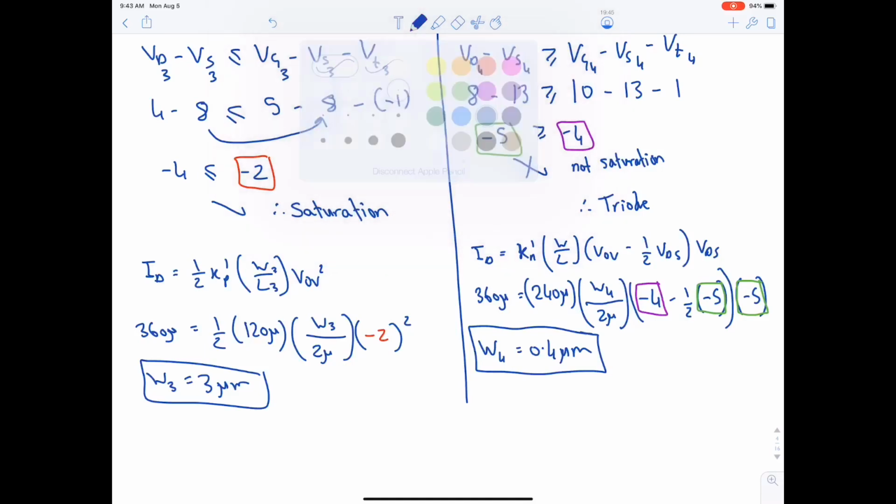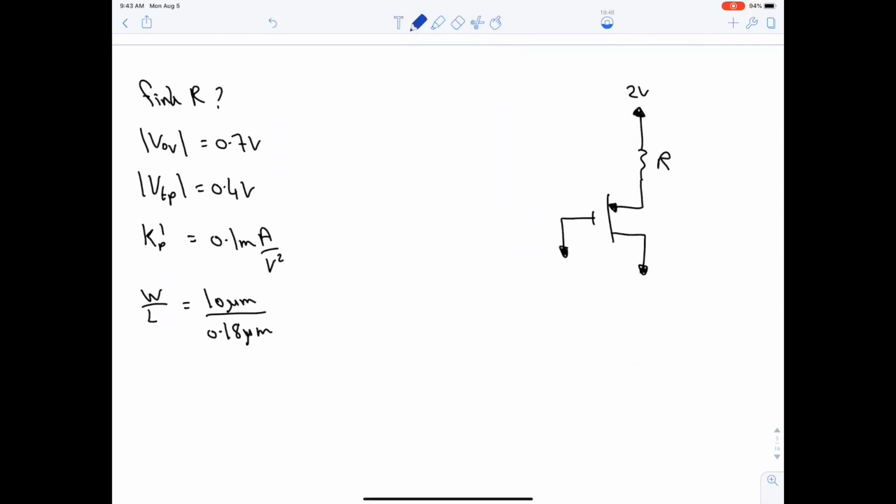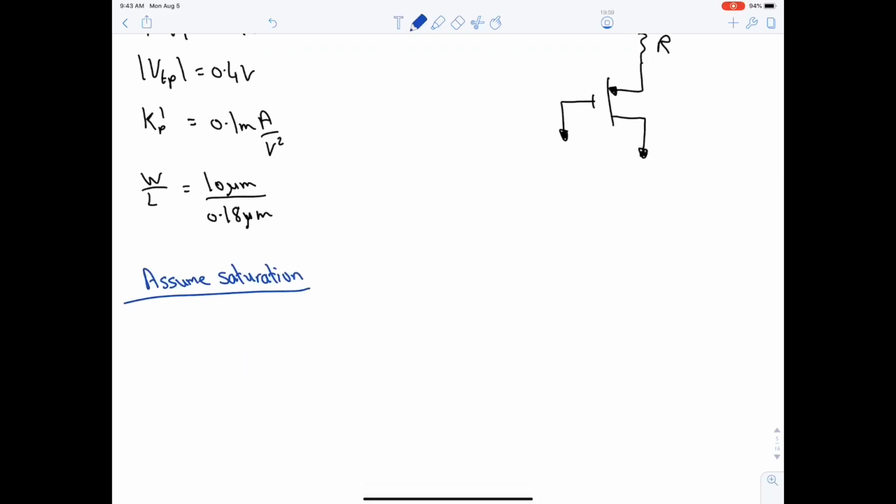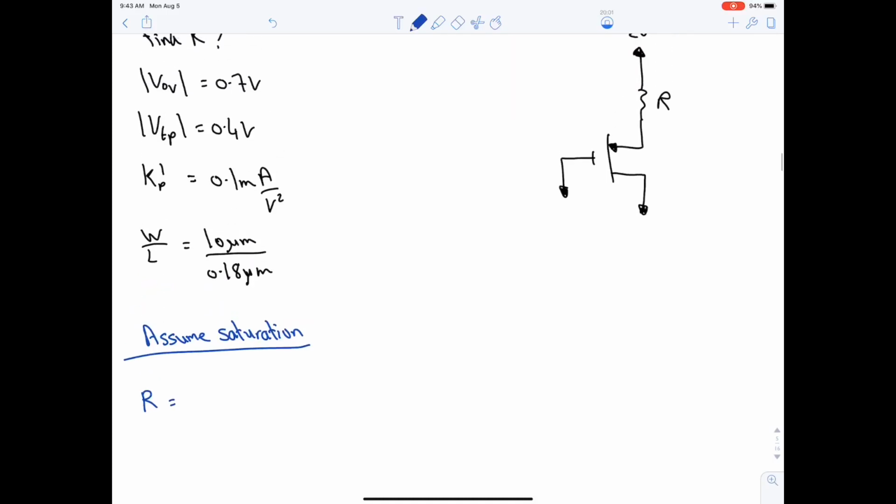Great. Let's move on. We need to find R. So what's the first thing that you have to do? Of course, assume saturation first, and then we will do Ohm's law. You will say that R is equal to, now this is PMOS, this is VS, VD, VG, ID.